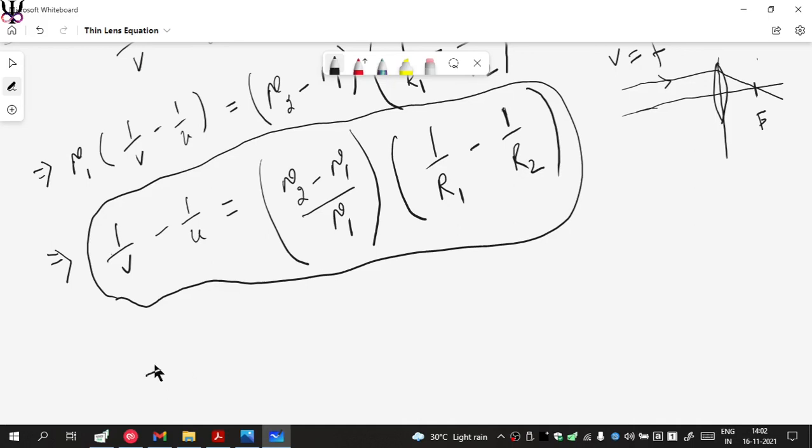That means for paraxial rays, v becomes focal length f and u tends to infinity.